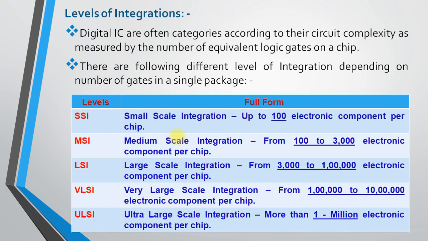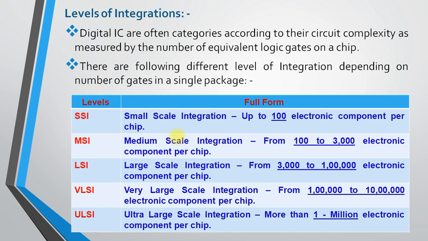Here are the different types of level of integration. We have the tabular format, which is a combination of the full form of levels as well as the range of electronic components per chip. First level is known as SSI. The full form of SSI is small scale integration.